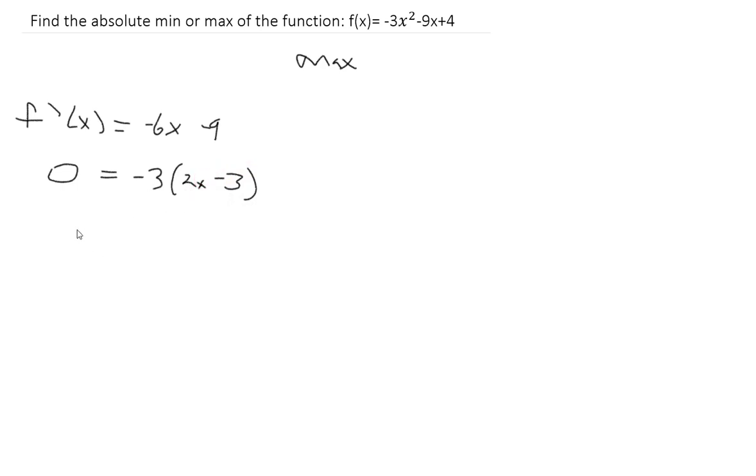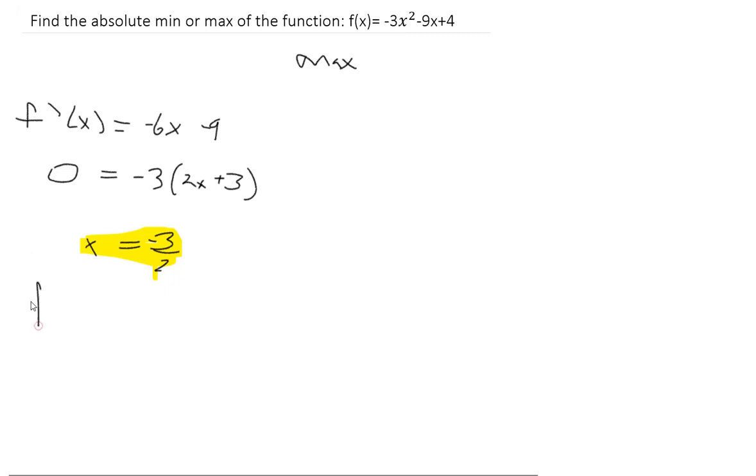Then we solve for x here. Oh, wait. This would be positive, and so you'd subtract it, so then you get -3/2. So x equals -3/2. So this is our absolute minimum here, or absolute maximum, sorry.